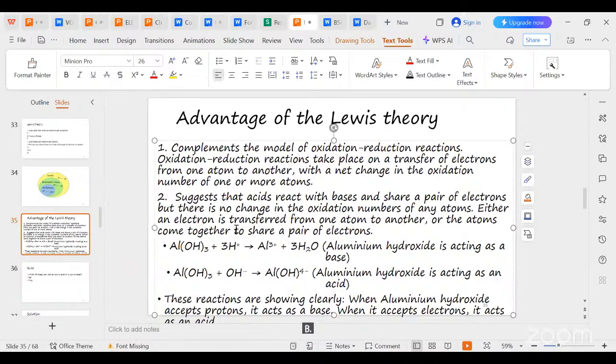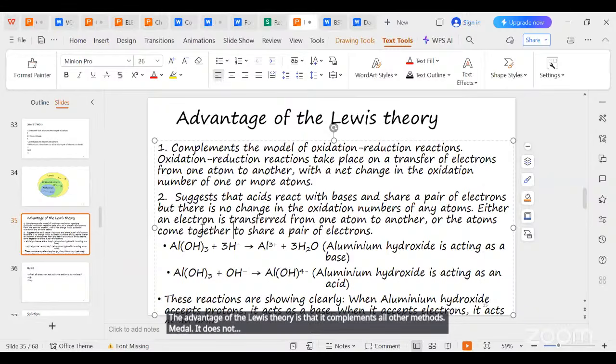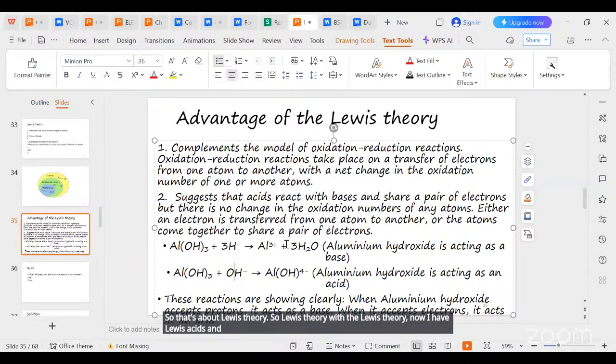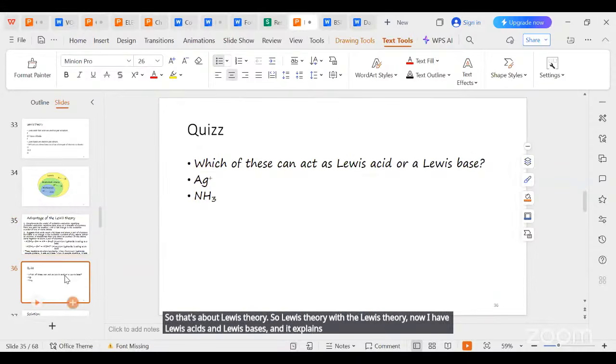The advantage of the Lewis theory is that it complements all other models and further helps us explain things that hitherto we could not explain. So with the Lewis theory, we now have Lewis acids and Lewis bases, and it explains all of them.